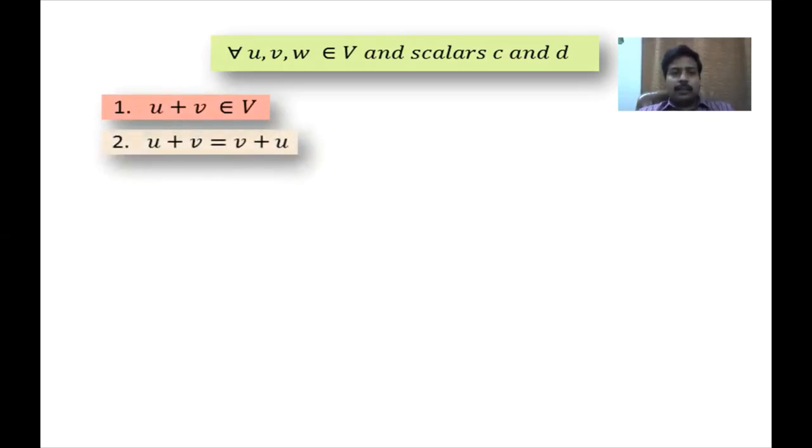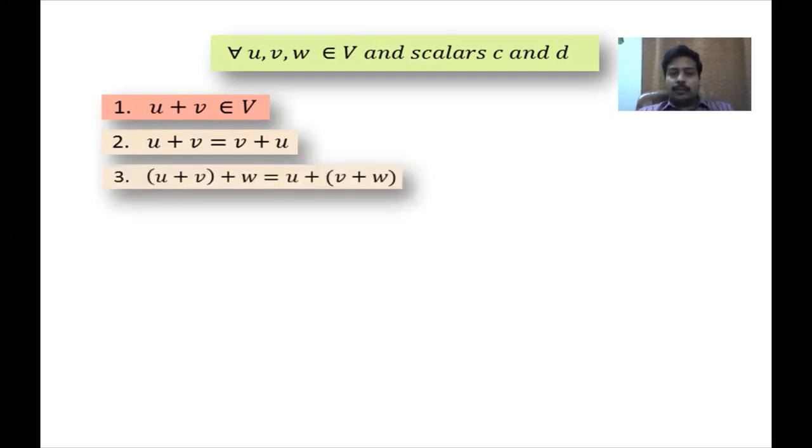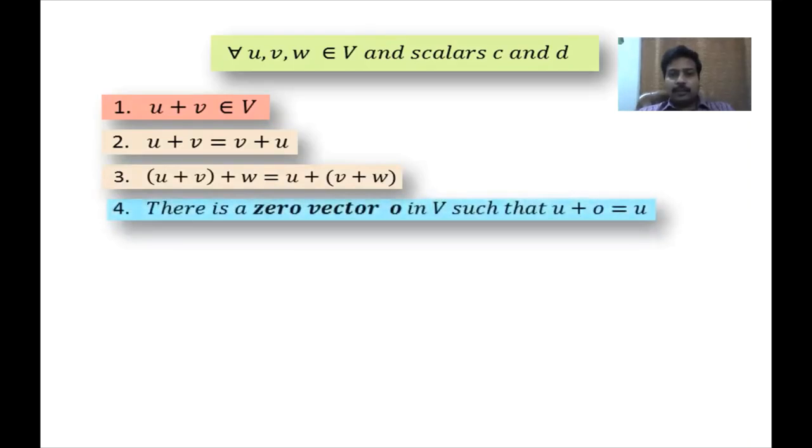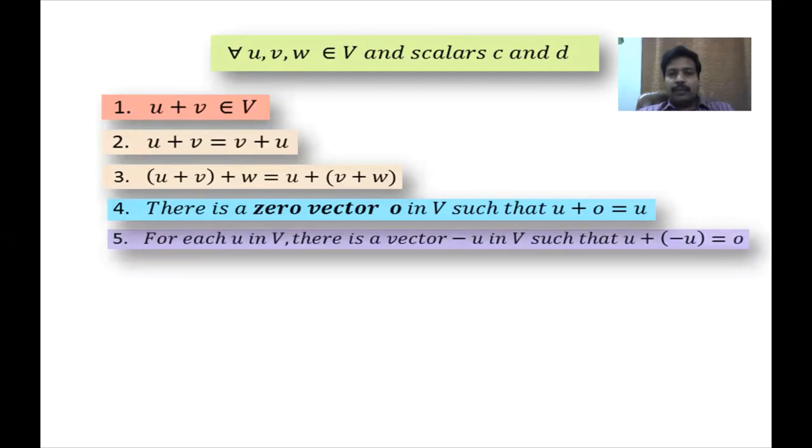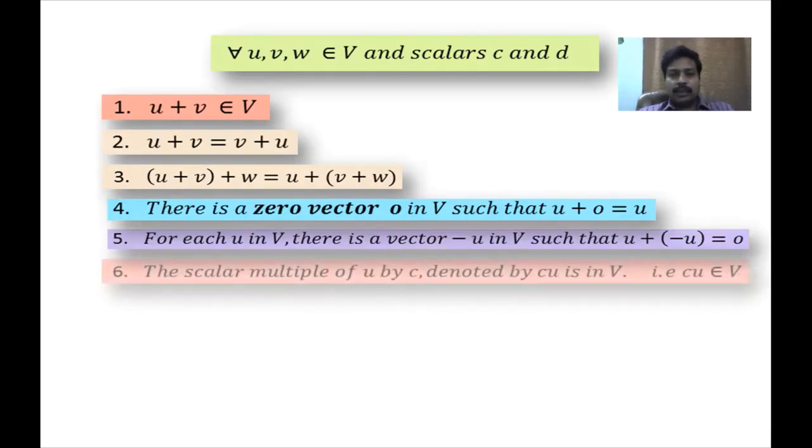And this is the commutative property with respect to addition: u plus v is equal to v plus u. Then the associative property with respect to addition. And this is the zero element: a zero vector must be there with respect to addition in the set. For each vector u in V there must be a negative, minus u, in V such that u plus minus u is equal to the zero vector. And the scalar multiple of u by c, denoted by cu, must be in the vector space V.